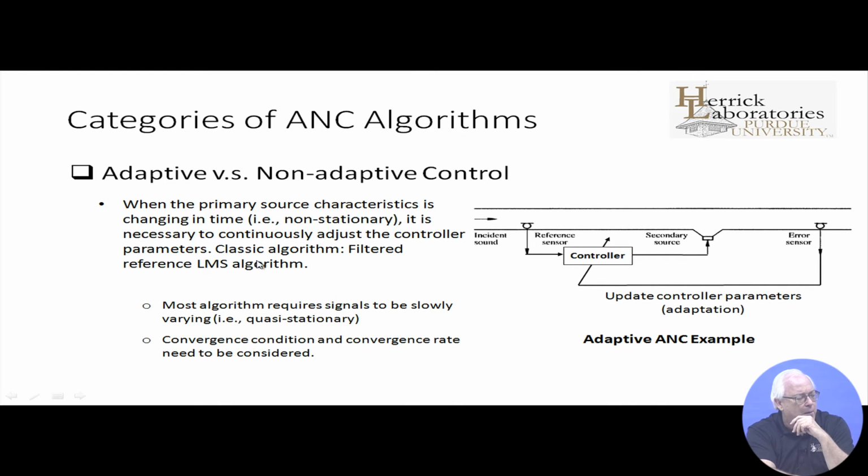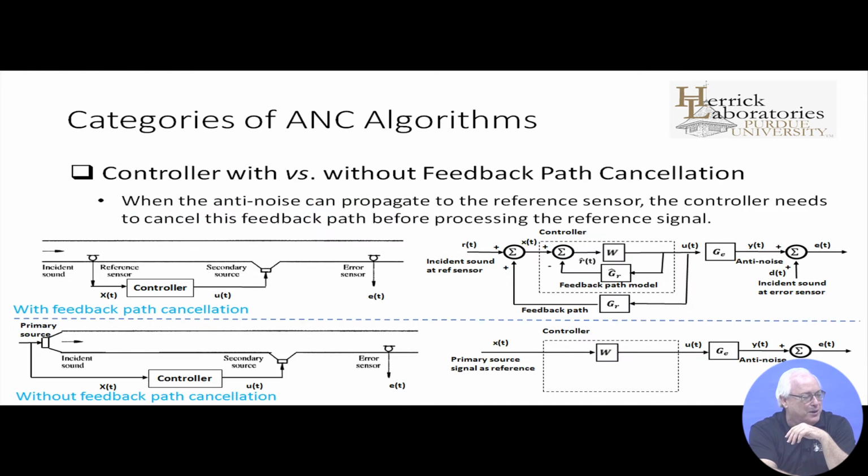So there's the now classic filtered-x LMS algorithm that I think Bernie Widrow at Stanford was responsible for. And if you ever look up, there are like a zillion citations to his paper on that subject.